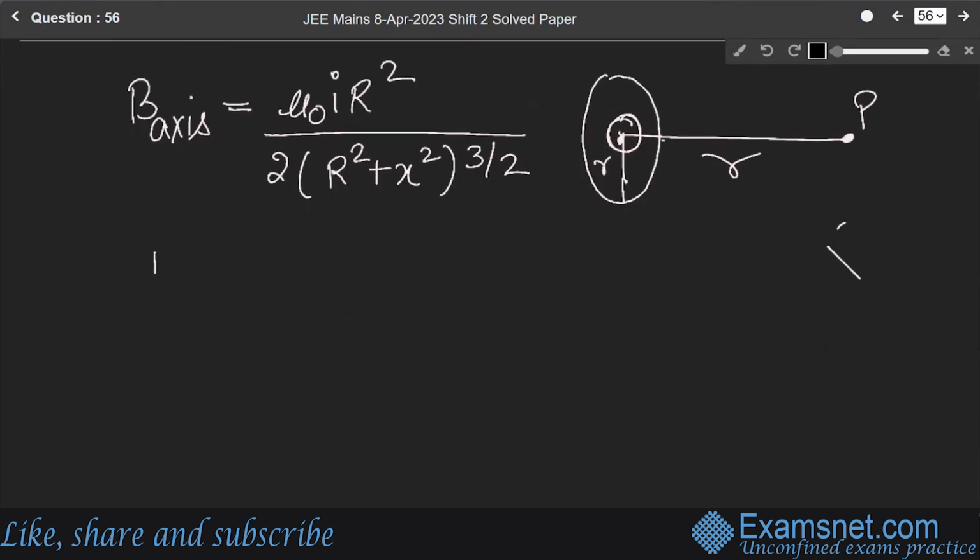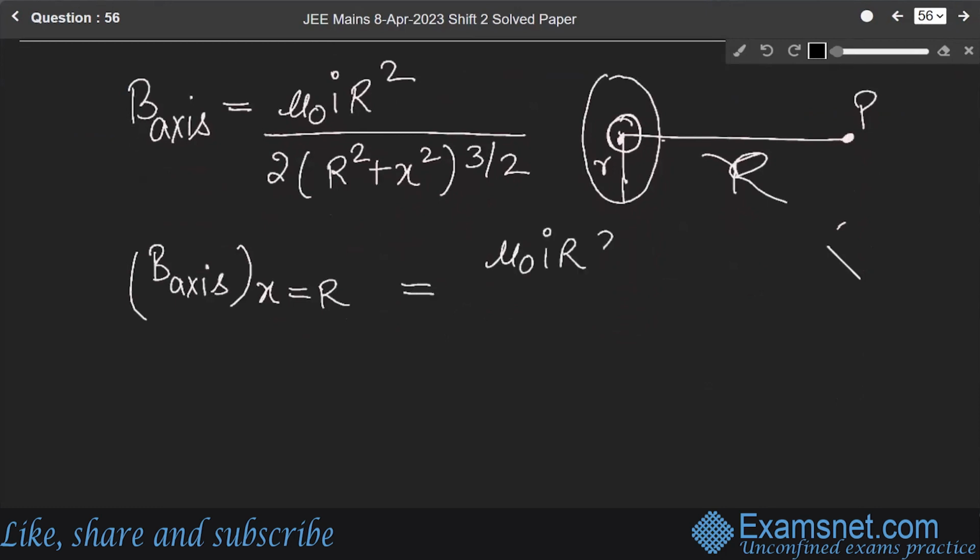So, B axis, the magnetic field when x is equal to r, at a distance of, let us say, r. When x is r, it will be equal to mu naught I r square over 2 times (r square plus r square) raised to the power 3 by 2.